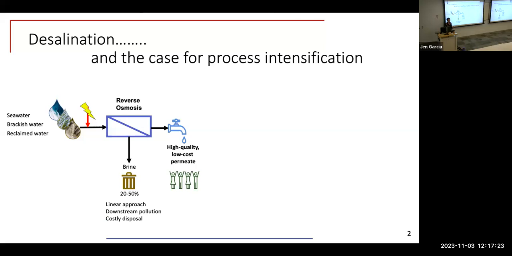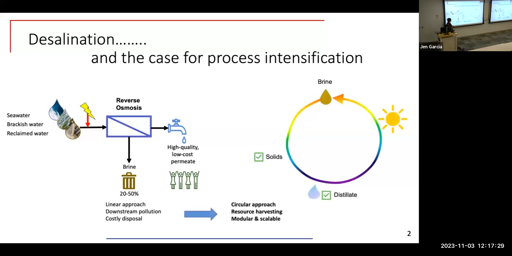Okay, and so this is a concentrated solution, oftentimes filled with high salinity. And so this is a very linear approach. This becomes a very big problem for downstream pollution, and it's also very costly to dispose of. It takes about 30% of the total cost that's involved in this advanced treatment process for brine disposal.